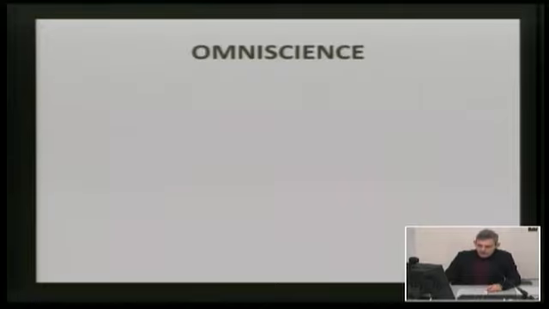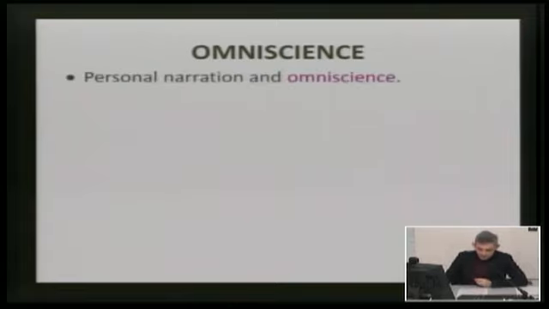Another concept related to point of view is that of omniscience, which is associated with personal narration, because obviously it would be contradictory with the absence of a narrator. If there is omniscience, it is because there is someone there, because there is a narrator, because the presence of a narrator is more or less obvious.